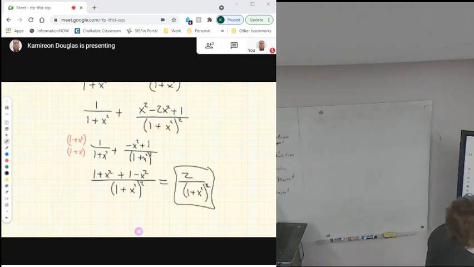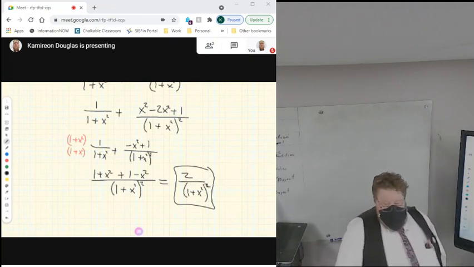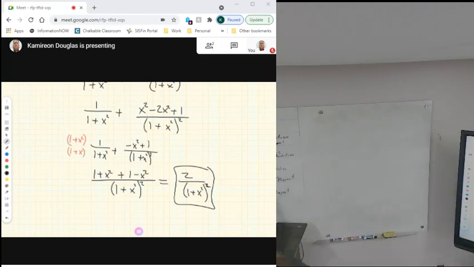Will the AP test prefer that answer or prefer the top one? If it was multiple choice, it'd be that one. If it's free response, the top one is okay. Usually, if they want it like the other one, it'll say in the problem, simplify completely.